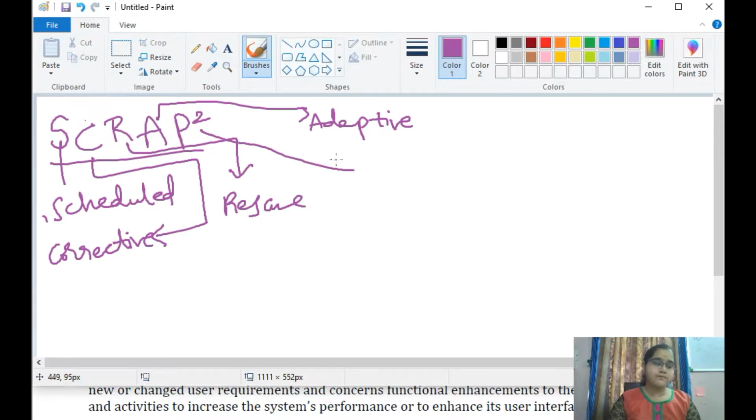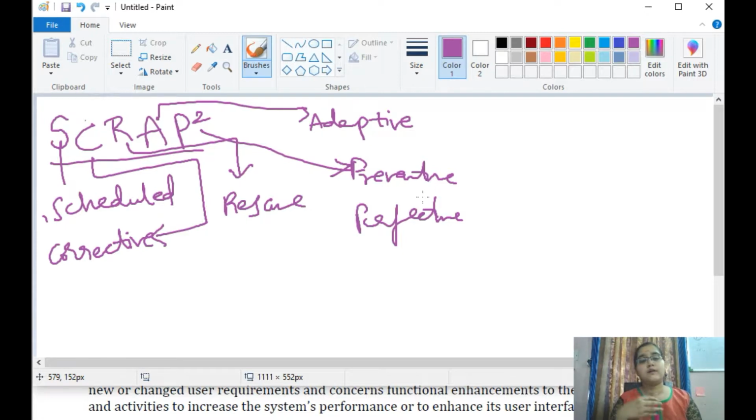And then comes the P. P is perfective maintenance and preventive maintenance. Perfective maintenance is nothing but trying to accommodate new changes into the system beforehand and increase functionality. Before the need comes, you are incorporating those changes so that the system can work very efficiently in the future.